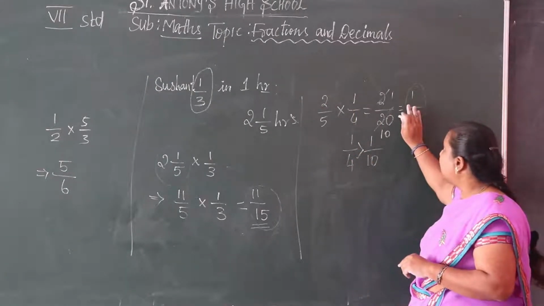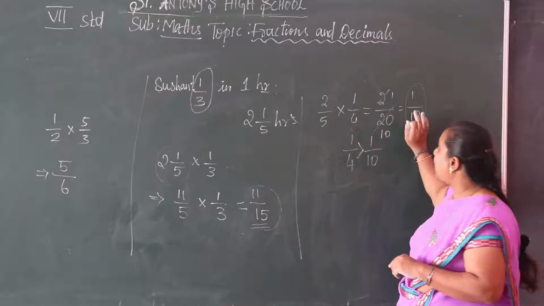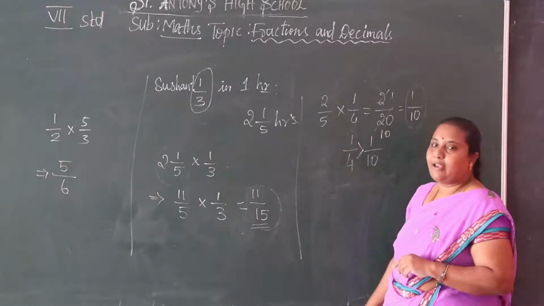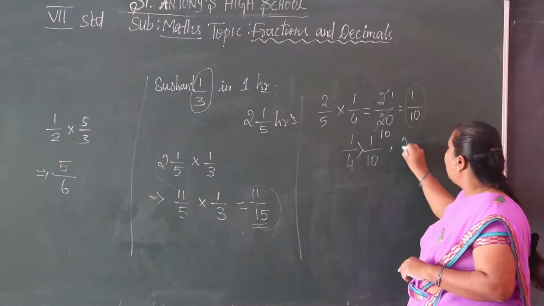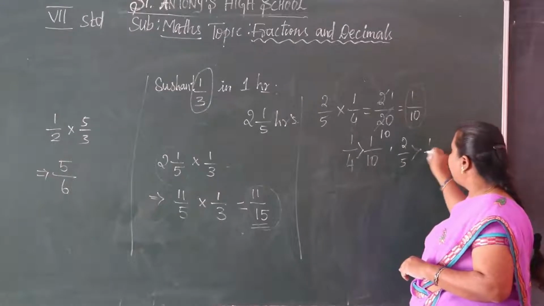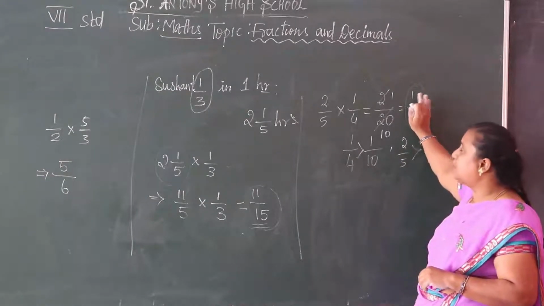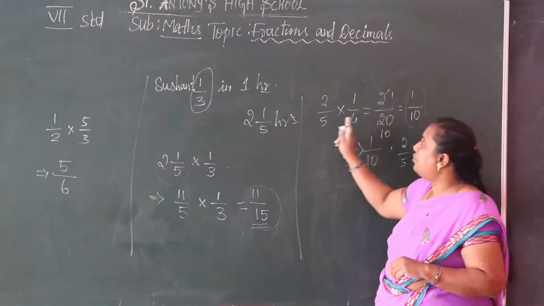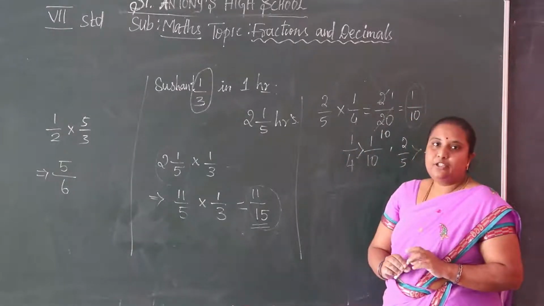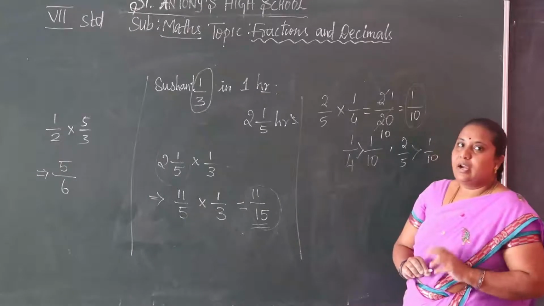So this value is less than 1 by 4 and less than 2 by 5. That is, 2 by 5 is greater than 1 by 10. Understood?